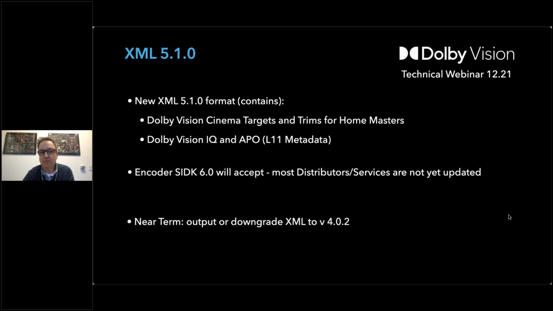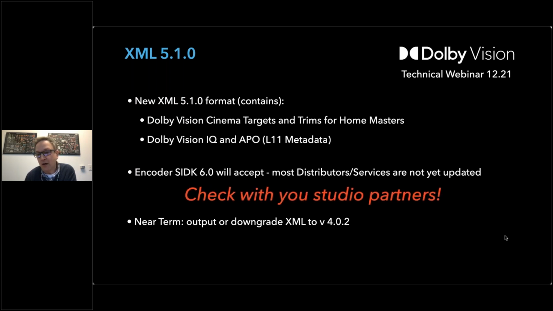So the near-term advice is, if you choose to use these new features, make sure to output or downgrade your XML to version 4.02, the current supported format. And as always, be sure to check with your studio partners.